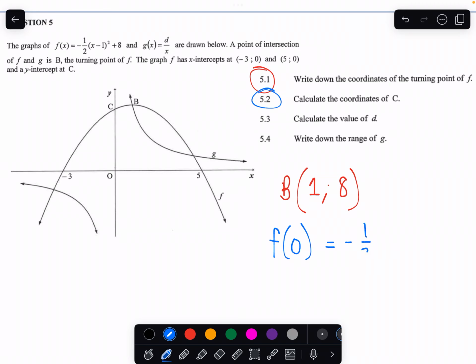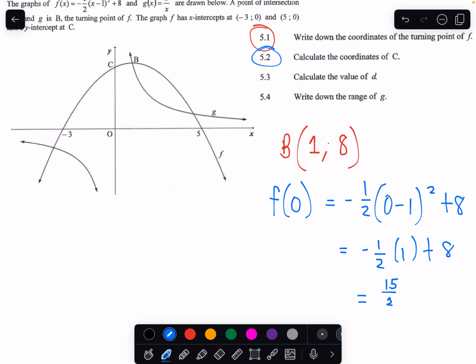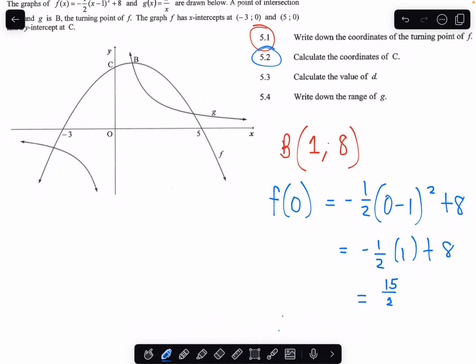So that is negative a half times (0 minus 1) squared plus 8, which is negative a half times 1, plus 8, which is 8 minus a half, which is 7.5, the same as 15 over 2. So, therefore, the coordinates of C will be x is 0 and y is 15 over 2.